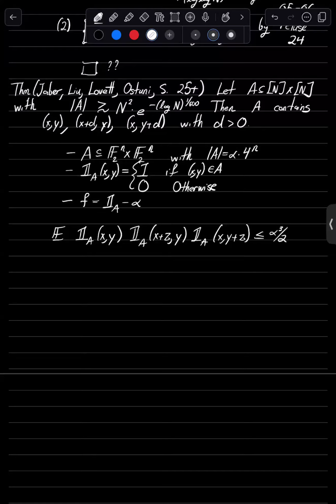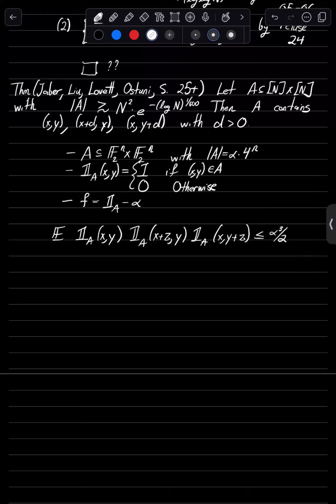So actually, it's very close to 0. If A has no corners, then the only contribution to this expectation is when z equals 0. But let's be generous: if A was a random set, this would have size alpha cubed. We're saying, suppose we're at 1/2 of the random amount.